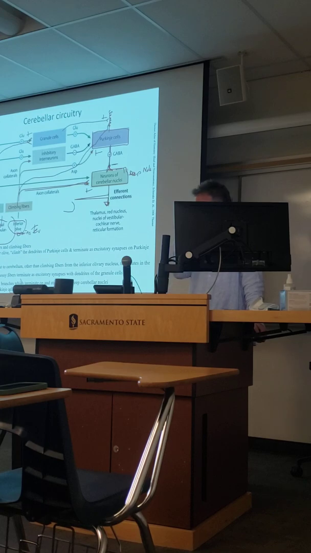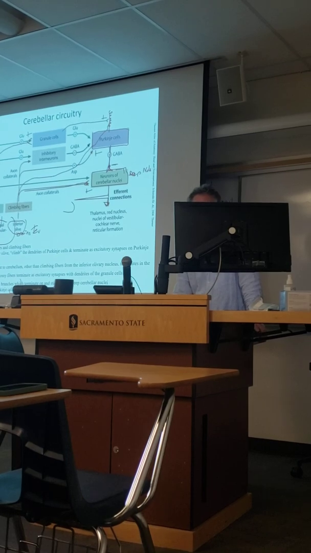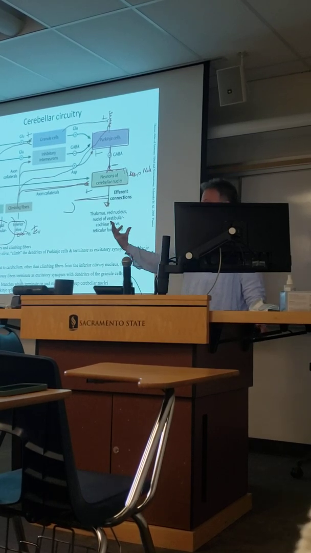But you can imagine, think about it the other way. Remember, the input side of a neuron is the dendritic tree. If you have a really sparse dendritic tree, just a few branches, it can only receive a little bit of input, right? But if you have a dendritic tree that's really crazy branching, it's just anatomy, right?